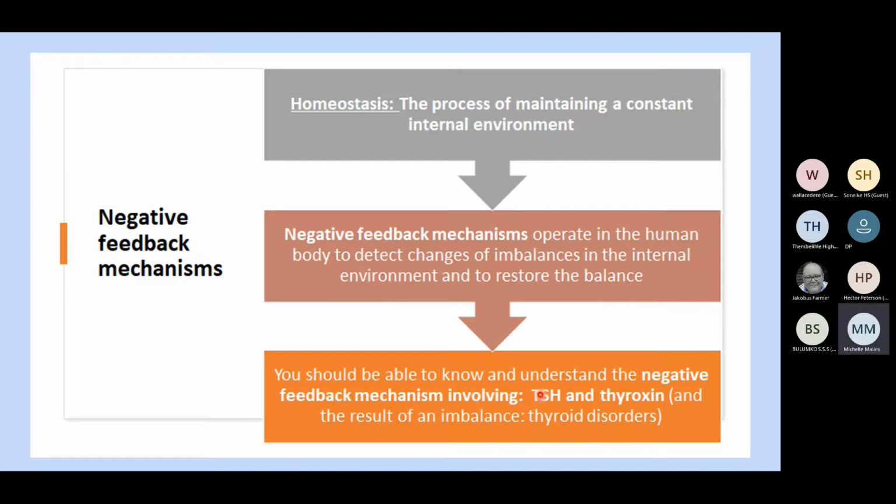You should be able to understand the negative feedback mechanisms. If you follow in the booklet, the first negative feedback mechanism we're going to discuss is how TSH and thyroxine work when there is an imbalance of thyroxine.